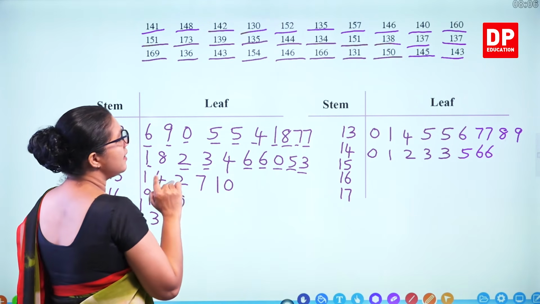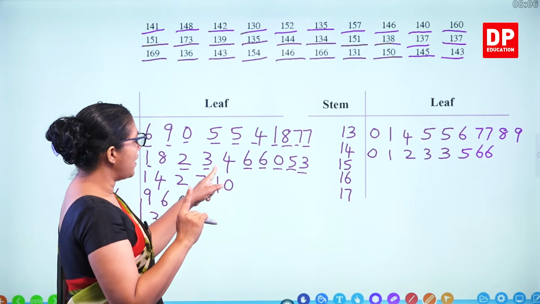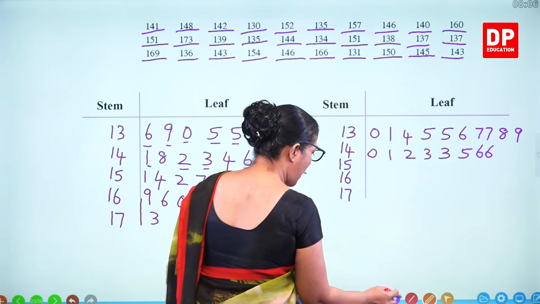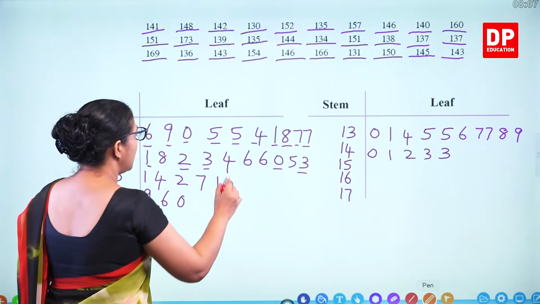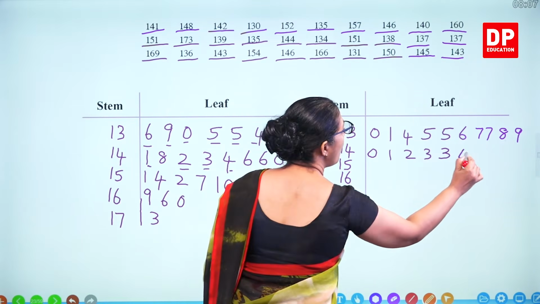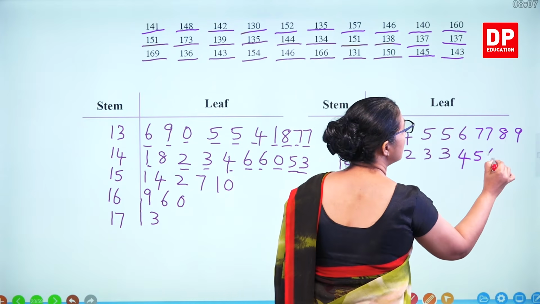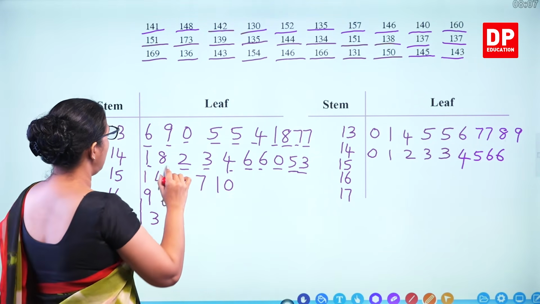And then here we missed out 4. So we have to plug 4 there. So we'll plug it here 4, then 5, 6, 6. And what else? 8.